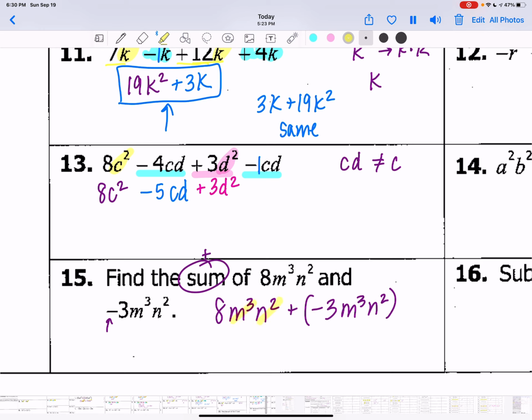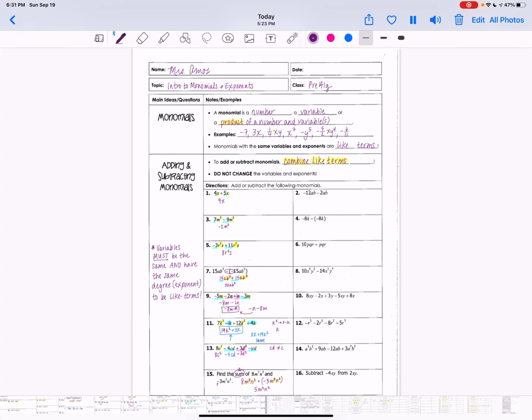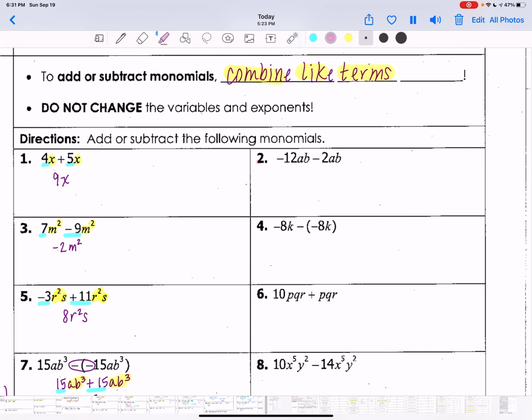So they are like terms because they both have an m to the third times n to the second. So since they are both like terms, all you gotta do is combine your coefficients. And you will get 5m to the third power n to the second power. All right, so what you're gonna do is you're gonna go back and you're going to complete the highlighted ones.